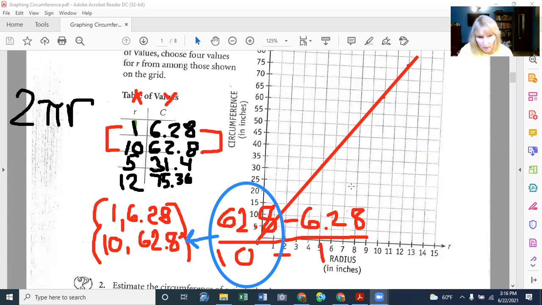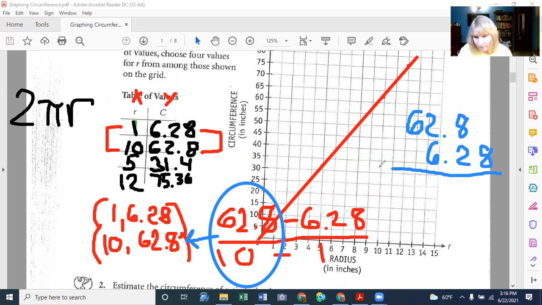And then I just do the math. So 62.8 minus 6.28. Notice how I'm lining up the decimals to subtract. Put a 0 here so that I have something above it. Can't take 8 from 0, so I borrow from the 8 and make it a 7.